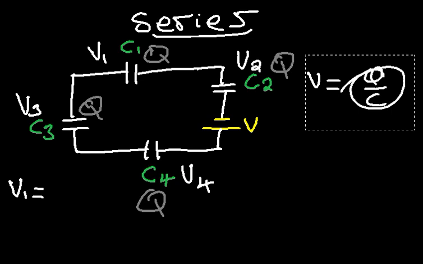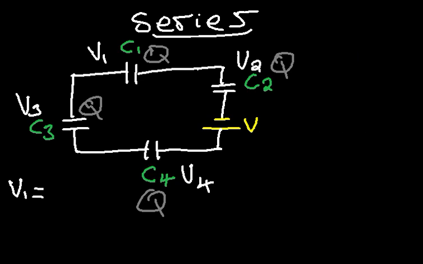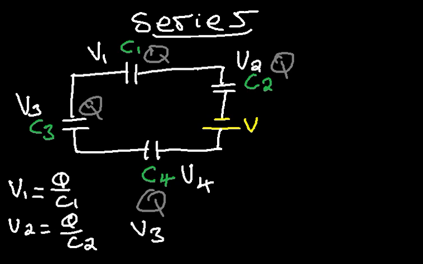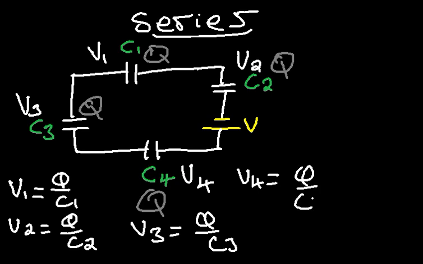The voltage across capacitor 1 is the charge divided by C1, across capacitor 2 it is the charge divided by C2, across capacitor 3 it is the charge divided by C3, and across capacitor 4 it is the charge divided by C4.